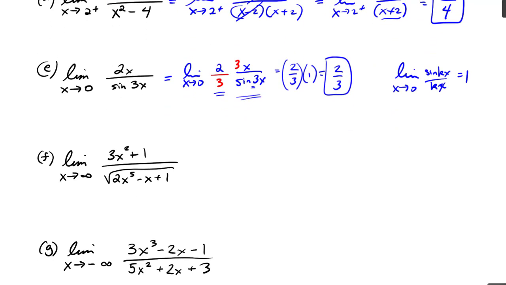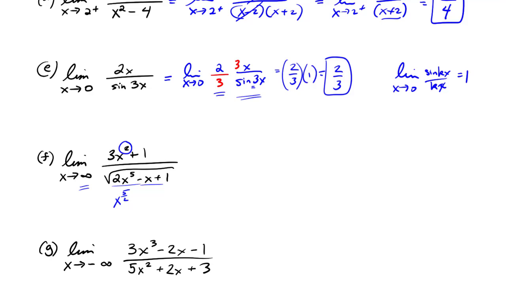Okay, limit as x approaches infinity, 3x squared plus 1 over the square root of 2x to the 5th minus x plus 1. Okay, so what I've got is a limit going to infinity, and I've got powers over powers. So on the top we have x squared. On the bottom, although it's more complicated than that, the bottom is of the type x to the 5/2.